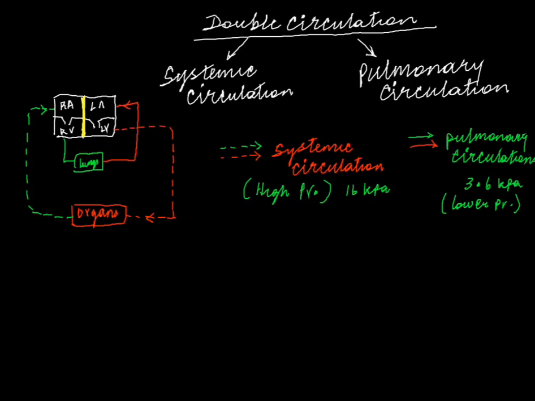Pulmonary circulation is a lower pressure circulation, preventing pulmonary edema. The systemic circulation is a high pressure circulation because it must pump blood to all parts of the body, far away from the heart, even up to your head against the force of gravity. So that's why it must be a high pressure circulation. And this ensures that that happens. That is the case. Is that clear now?